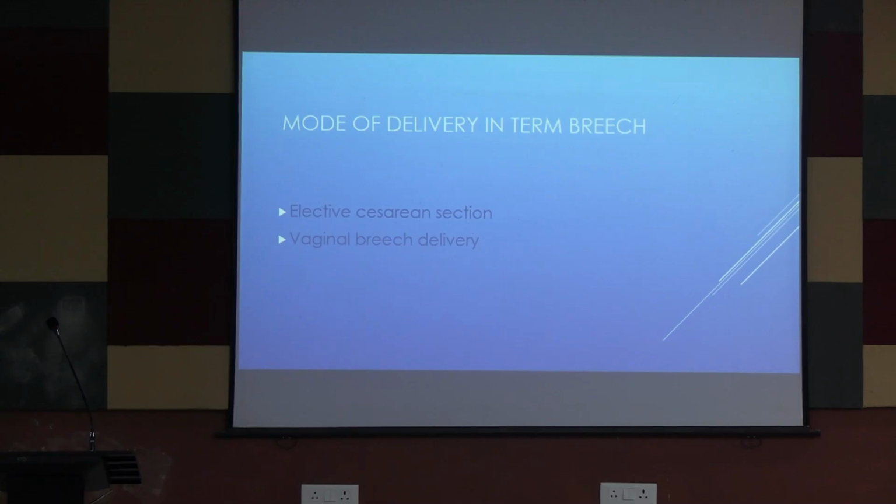Before doing external cephalic version, you have to do the fetal topography to confirm the fetus is normal. After doing external cephalic version, you have to do fetal topography to prove the fetus is well, and also look for any vaginal bleeding.